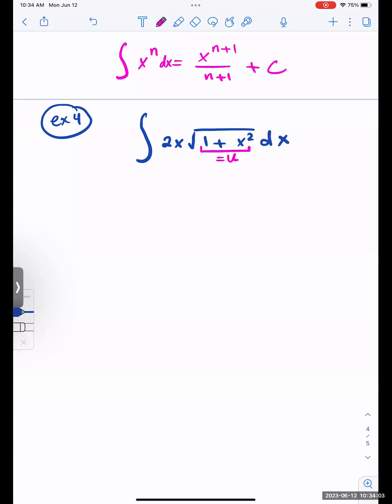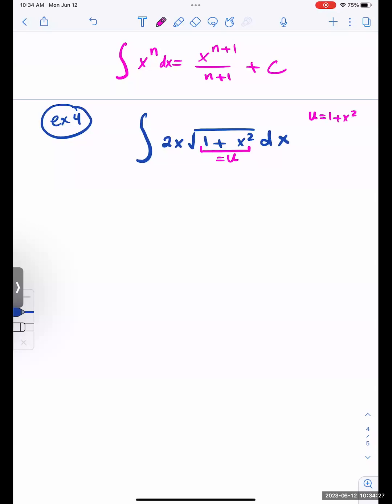And I'm going to tell you one of the reasons that I love teaching Math 193, because it involves a lot of creativity. So you need to think, you need to say, okay, if that's u, then I have du. So I want you all to write down u as 1 plus x squared.